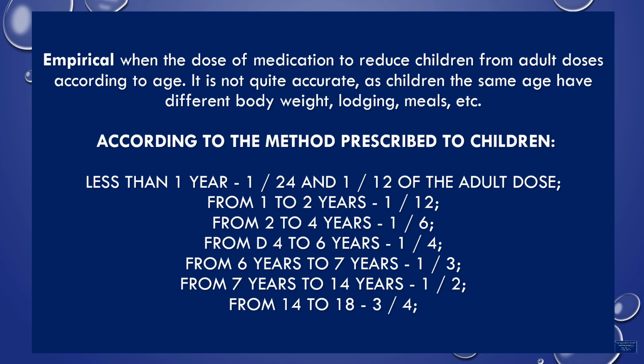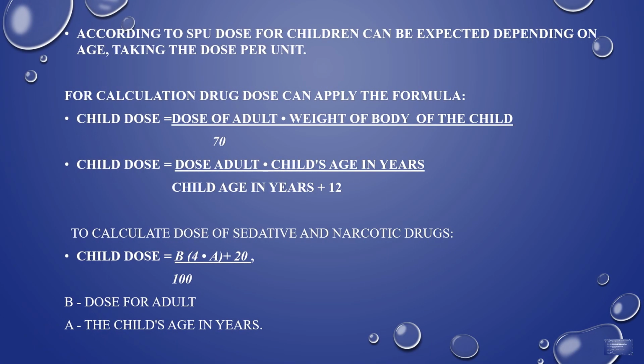From 1 to 2 years, 1 to 12, from 2 to 4 years, 1 to 6, from 4 to 6 years, 1 to 4, from 6 to 7 years, 1 to 3, from 7 to 14 years, 1 to 2, and from 14 to 18, 3 to 4. According to SPU, the dose for children can be calculated depending on age, taking the dose per unit. All formulas for calculating drug dose are presented in this slide.